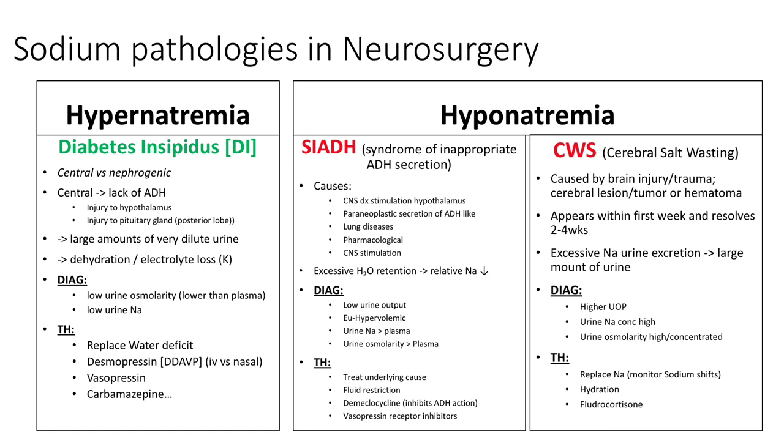Cerebral salt wasting, now a different presentation. It is commonly also seen in cerebral disease, but more like brain injury, trauma, cerebral lesions, tumor, or hematoma. And it's not as instantaneous. It appears within the first week of that neurological disease and then disappears within 2 to 4 weeks.